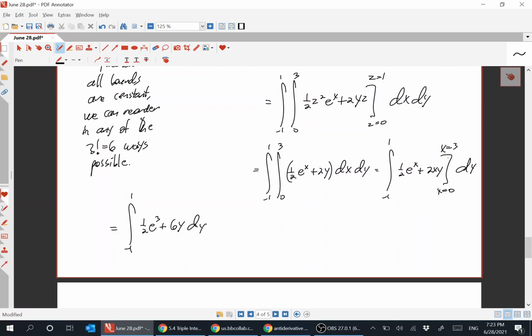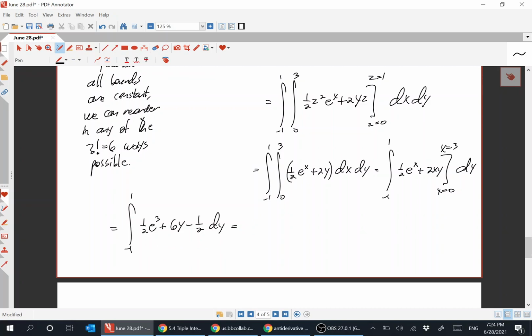At x equal to 3, we get e to the third, and at x equal to 0 you get 1, or 1/2, minus 1/2 because we're subtracting.